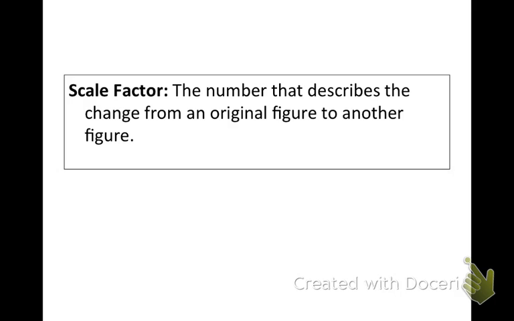And to make our lives easier, we're going to use the letter K to represent our scale factor.